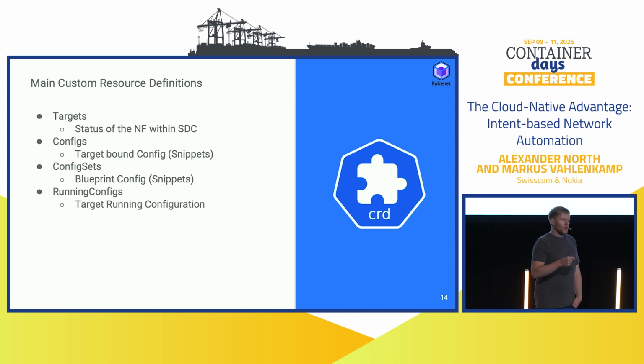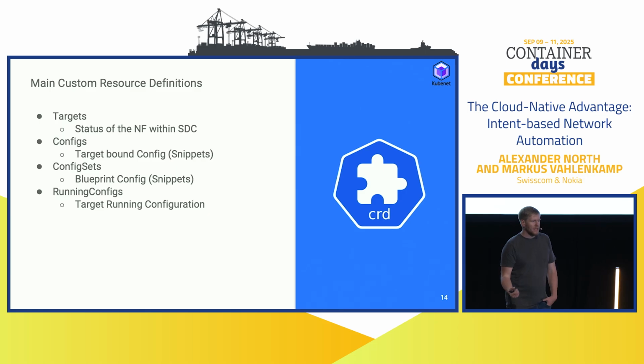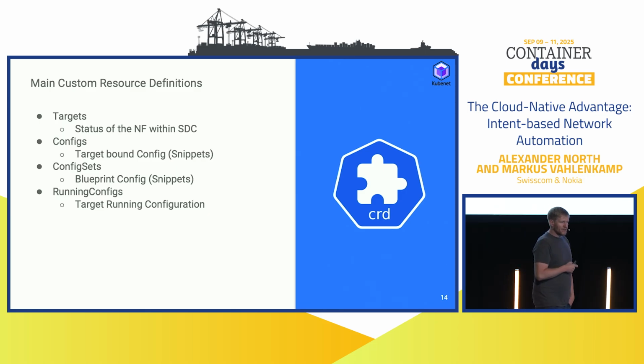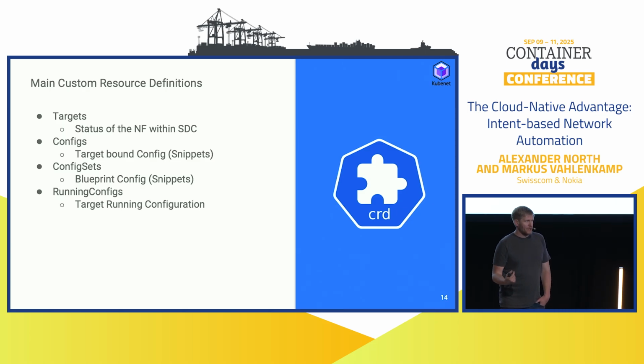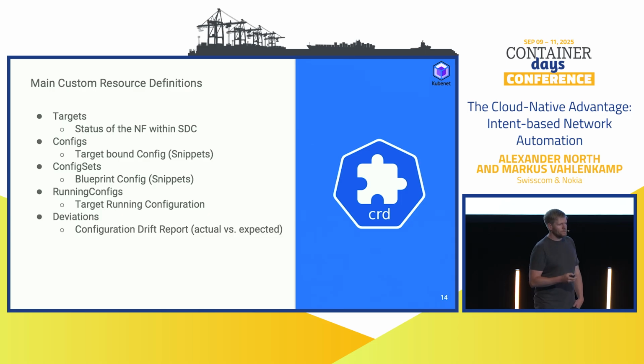We also provide the running configuration from the device through the Kubernetes API. That's done in the running configs resource. So all your configuration that's running in the network will be available in your Kubernetes API.